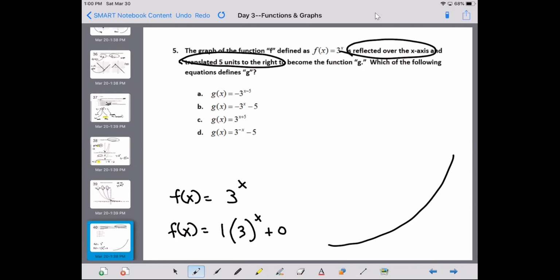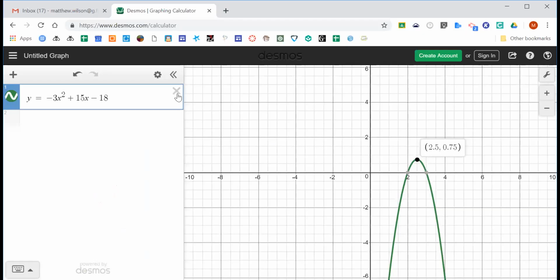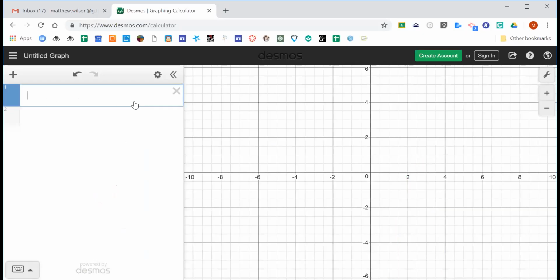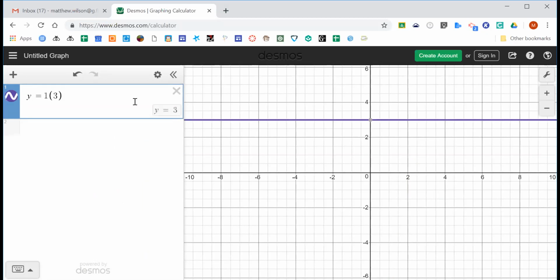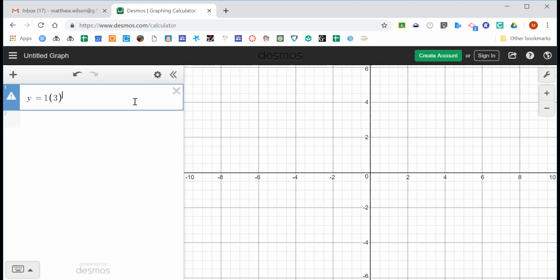So I want to shift gears to, let's look at Desmos. And so I'm going to type y equals, and actually I'm going to type in what the parent function is. It's 1, open parentheses, 3, close parentheses, shift 6, x. And I need to arrow over, and I'll write +0. Now I don't have to do that.